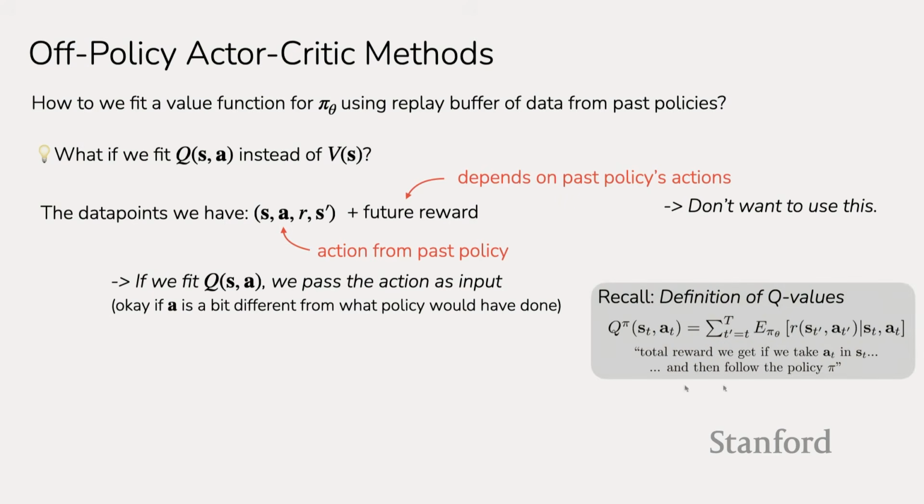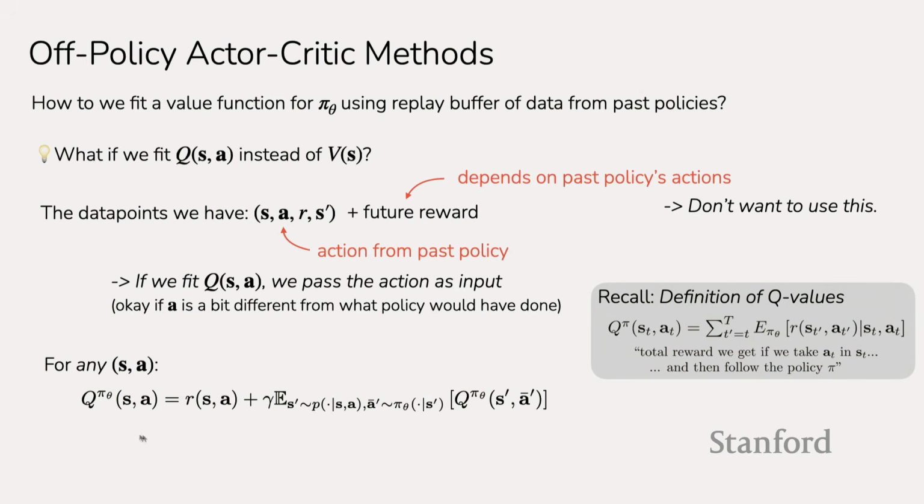So we have our definition of the Q function of the future rewards conditioned on the state and action. And for any state and action, we have this equivalence where Q for pi theta of S, A is the reward at the current time step plus the Q function at the next time step, with an expectation over the next state and an expectation over the next action for the policy.